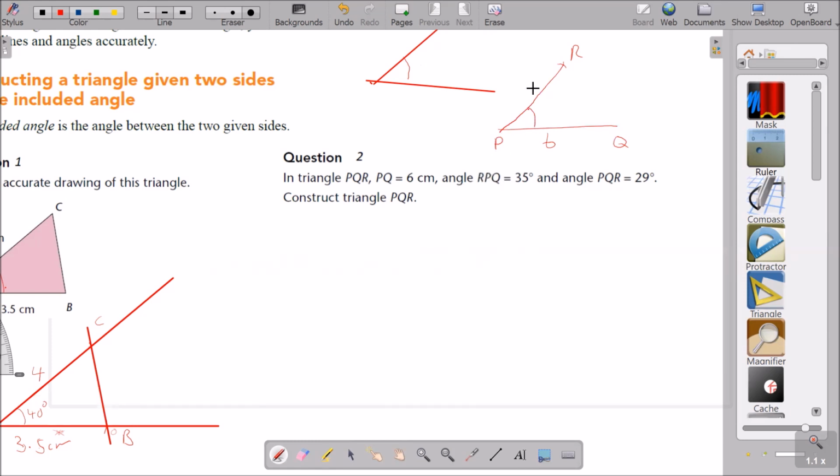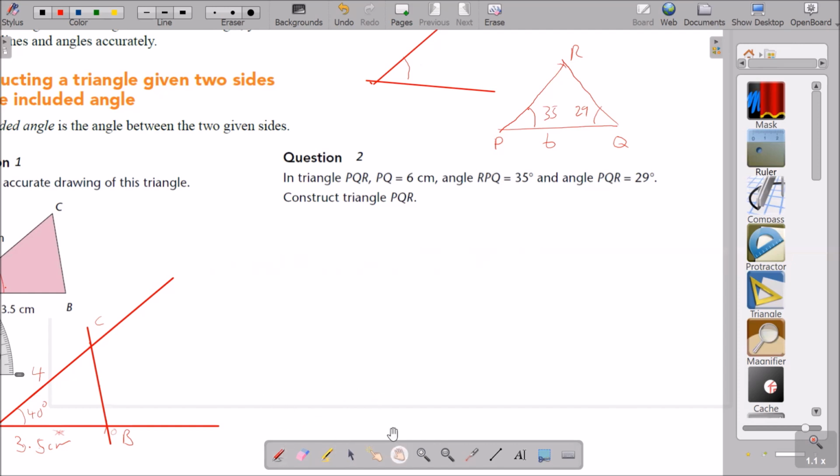RPQ, so it's the angle at P. RPQ is 35 degrees. Okay, and angle PQR, PQ going to R, is 29 degrees. Construct triangle PQR.